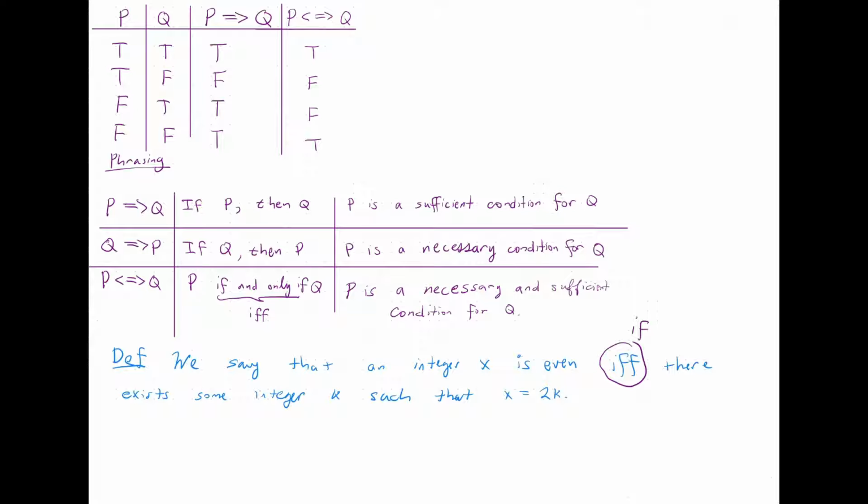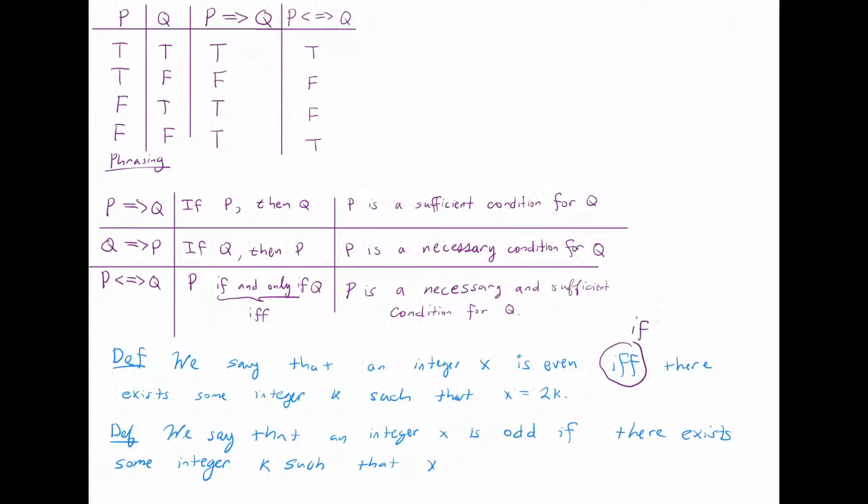And so similarly, we can go ahead and define what it means to be an odd integer. So we say that an integer x is odd if there exists some integer k such that x is equal to 2k plus 1.